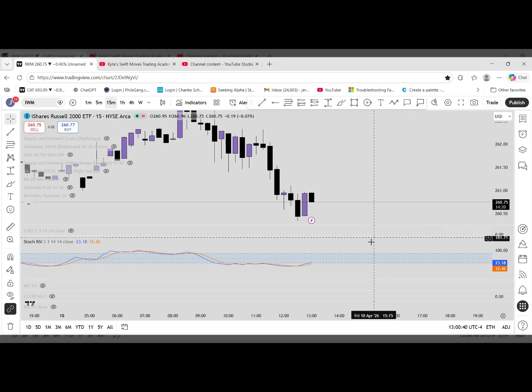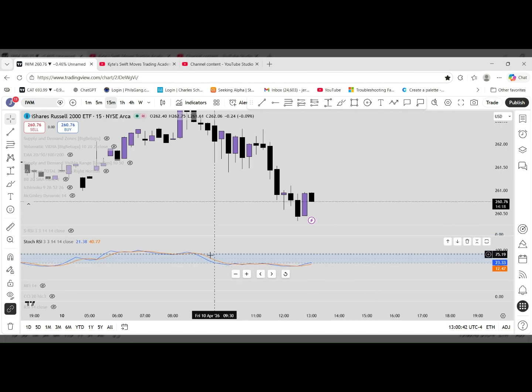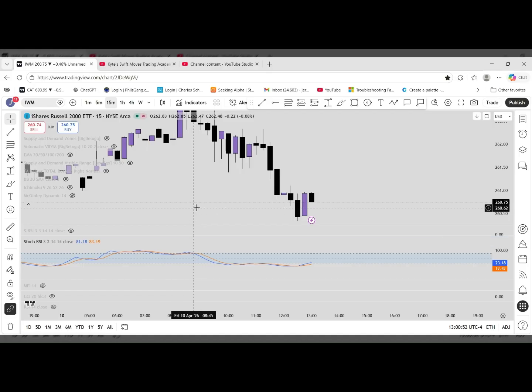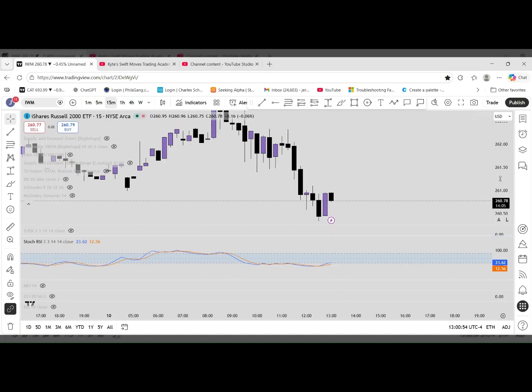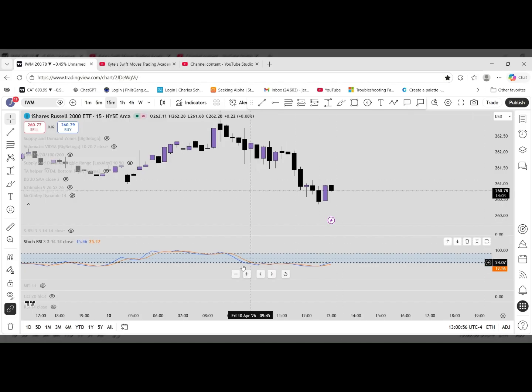But anyhow, the point being is when that blue line crosses over the red or the orange, whatever color that is, and if you look at what's happening in your chart, you can see where the trend is going down.